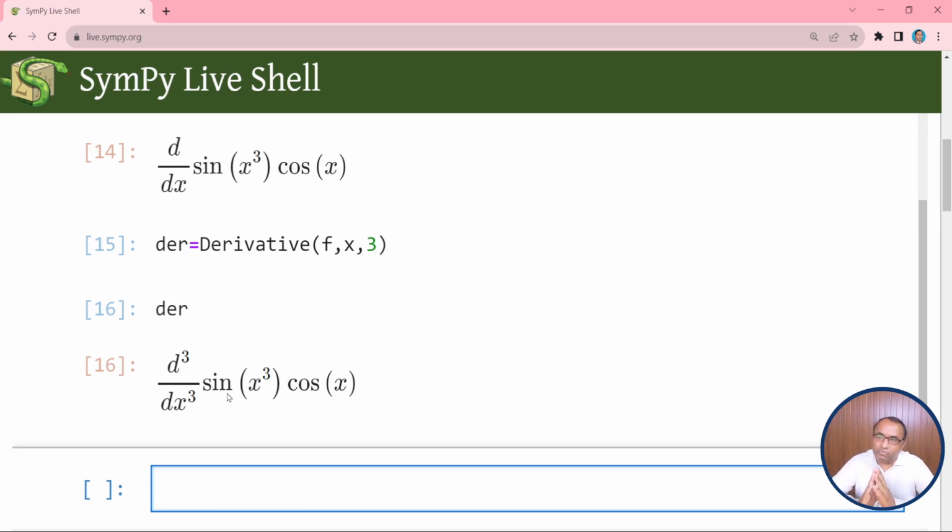If you want to find the value after simplification, or if you want to evaluate this operator, for that you use der dot doit function. So what does this function do? Doit will simplify the above equation and return the value.